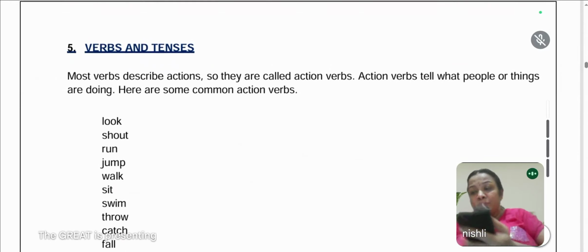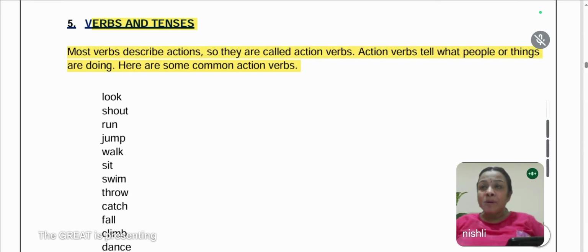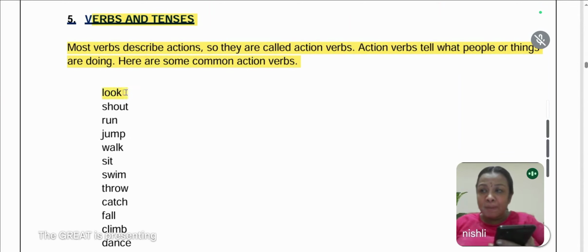Next is verbs. As you know, they all denote action. They denote nothing else but action. Like look, shout, jump, cry, trample, squeeze, seize.